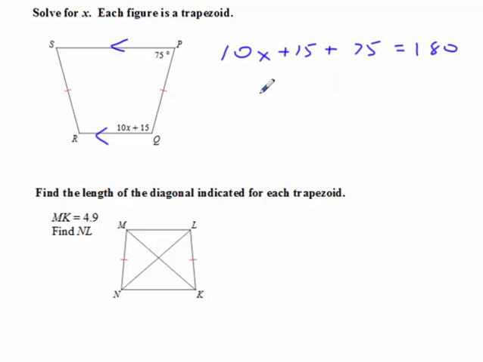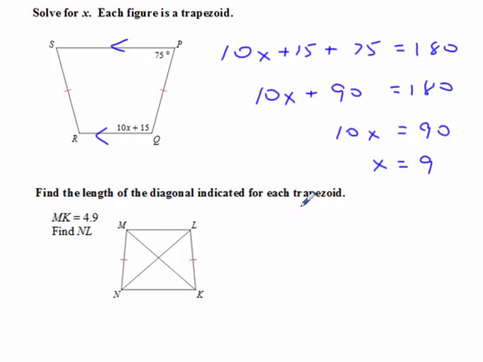So you get 10x plus 90 is equal to 180. Subtract the 90 from both sides, so you get 10x is equal to 90. Divide both sides by 10. X is 9.